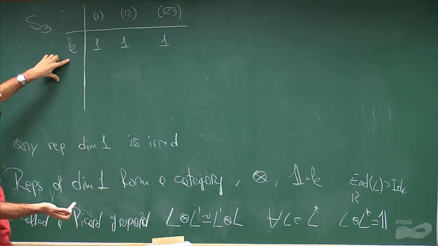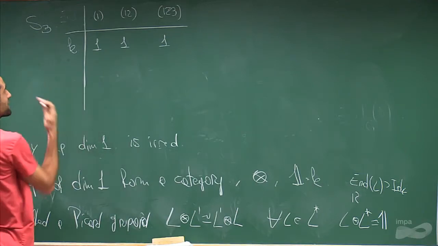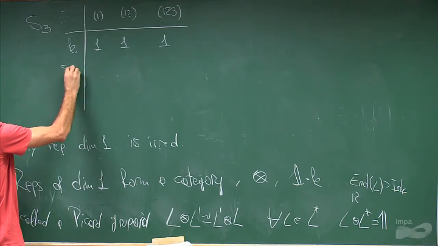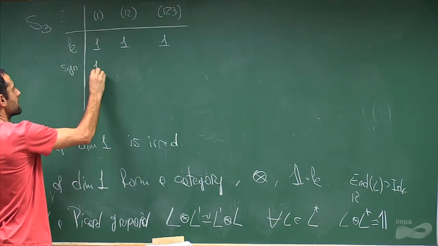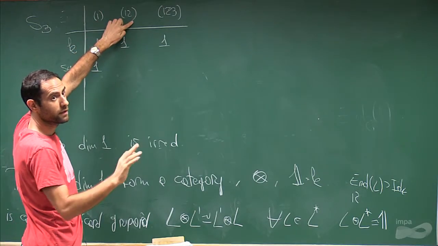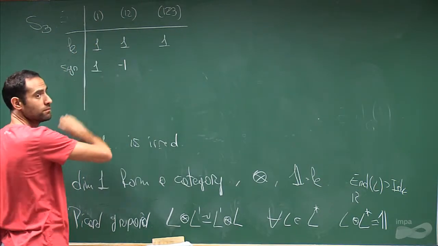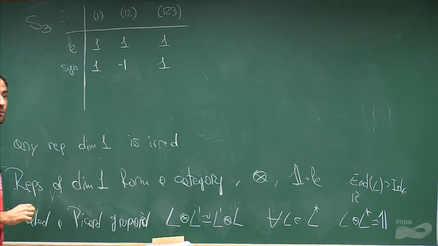So that gives me the sign representation of the symmetric group. Sign is also of dimension 1. The identity acts as 1. This thing here is a transposition, so it acts as -1. And this thing here is a product of 2, so it acts again as 1. So that's the character of that representation.